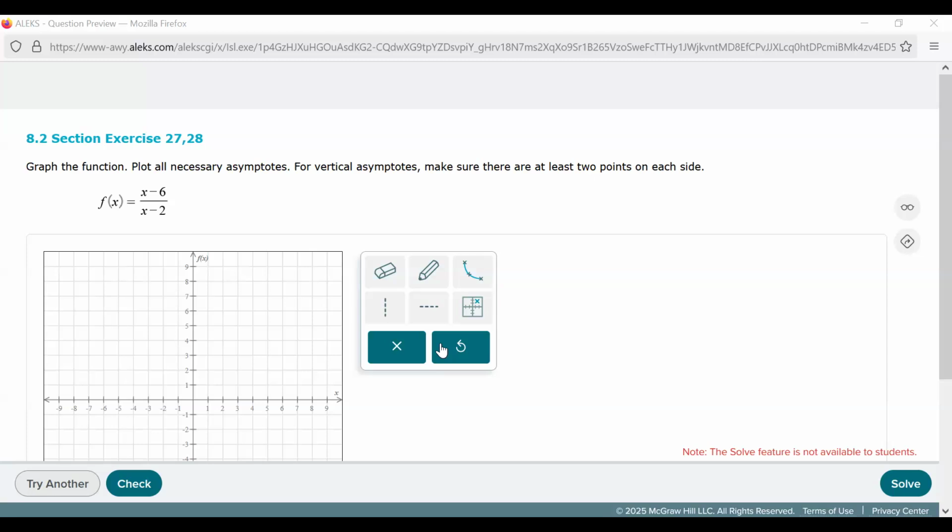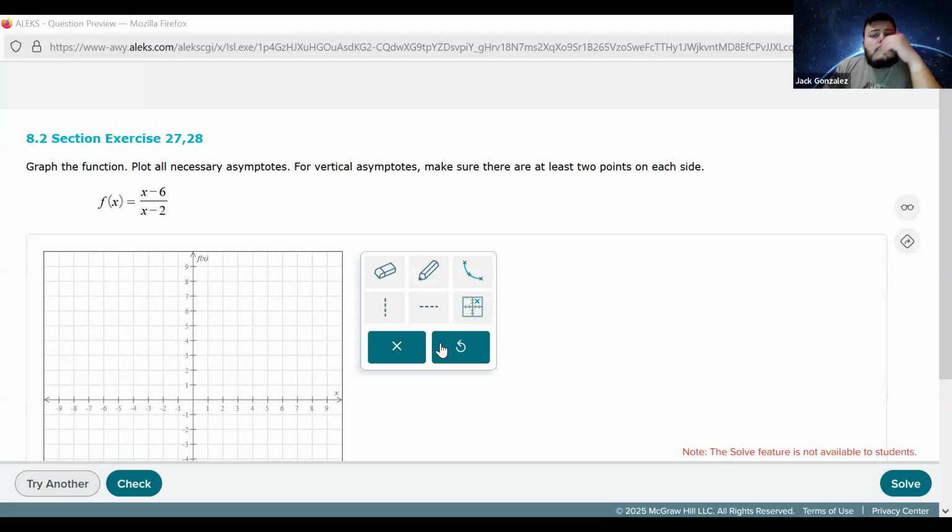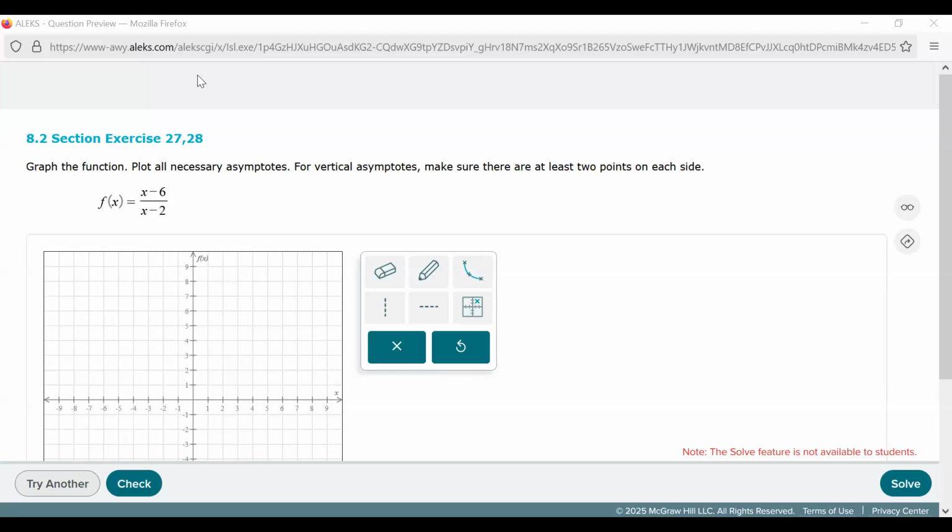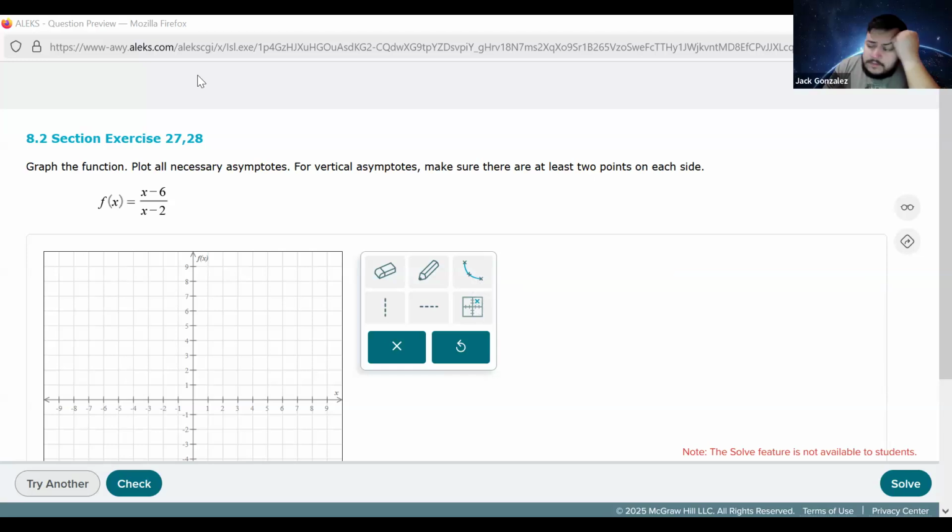I honestly don't know what I'm getting wrong, sir. I'm trying to figure it out. Okay, well, we'll hold off on that. We can ask questions after we're done with the homework. It's probably a silly point plug-in, or maybe you got the asymptote wrong or something.